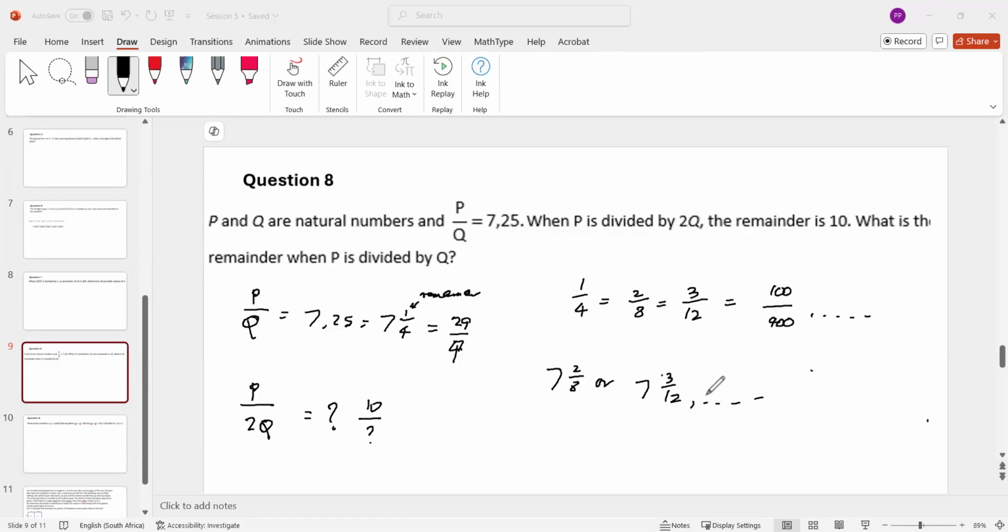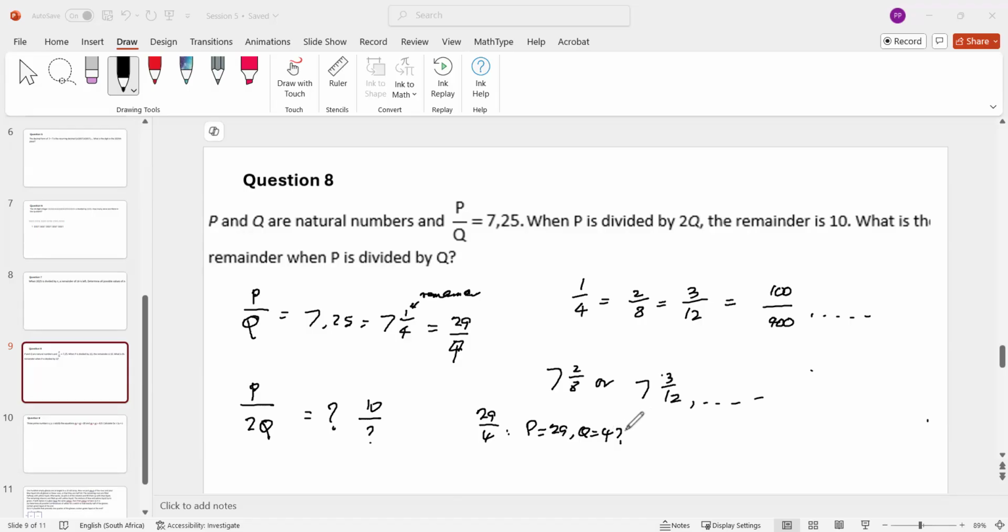So let's see which one it is. They say when it's divided by 2Q, the remainder is 10. So if you take 29 over 4, is P equal to 29 and Q equal to 4, because we got P over Q?